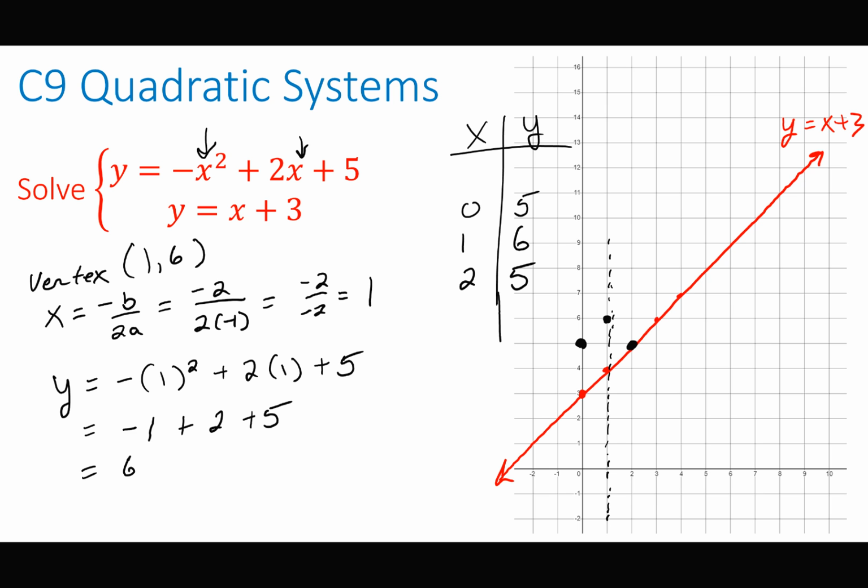Let's choose another one. Let's say if we were to look at negative 1. If I chose negative 1, I want to see where that one is lying on my graph. Well, I've got to go through my process again to find the y value. So a negative of negative 1 squared plus 2 times negative 1 plus 5.